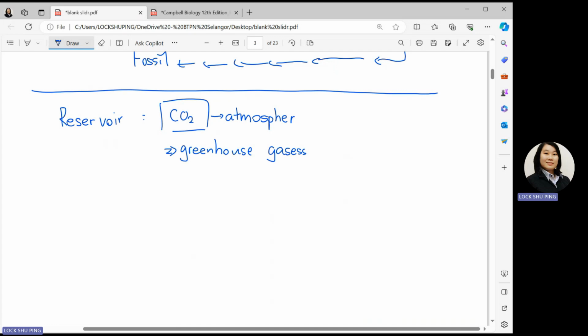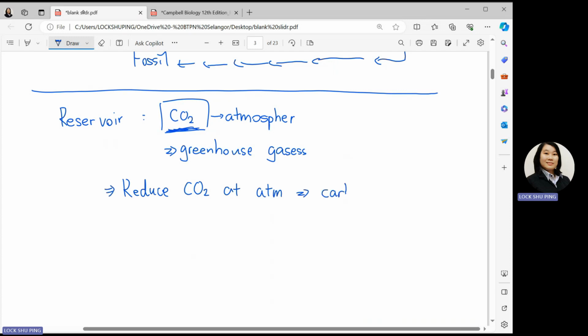So how does the whole earth make sure the carbon dioxide is not that much in the atmosphere, or how can the carbon dioxide be reduced? The process of reducing carbon dioxide in the atmosphere actually has a name.